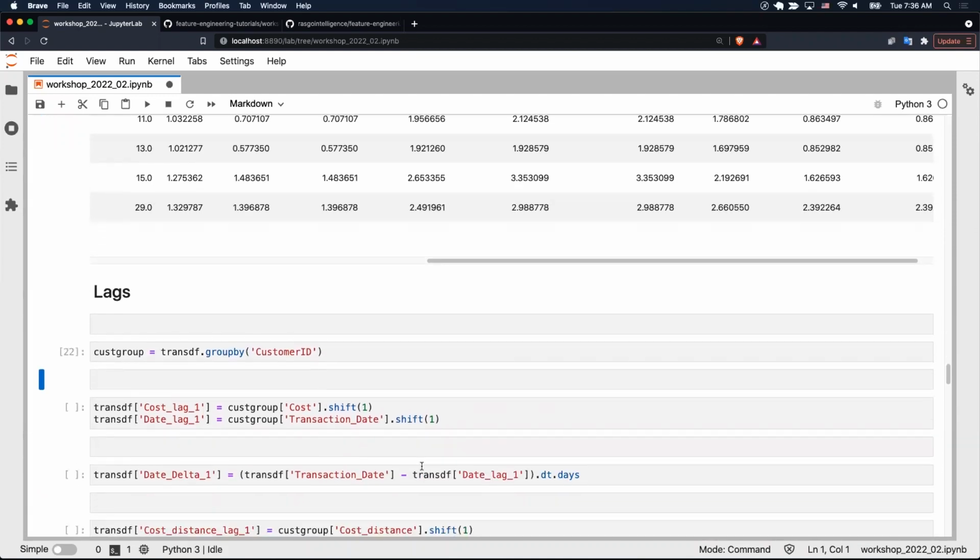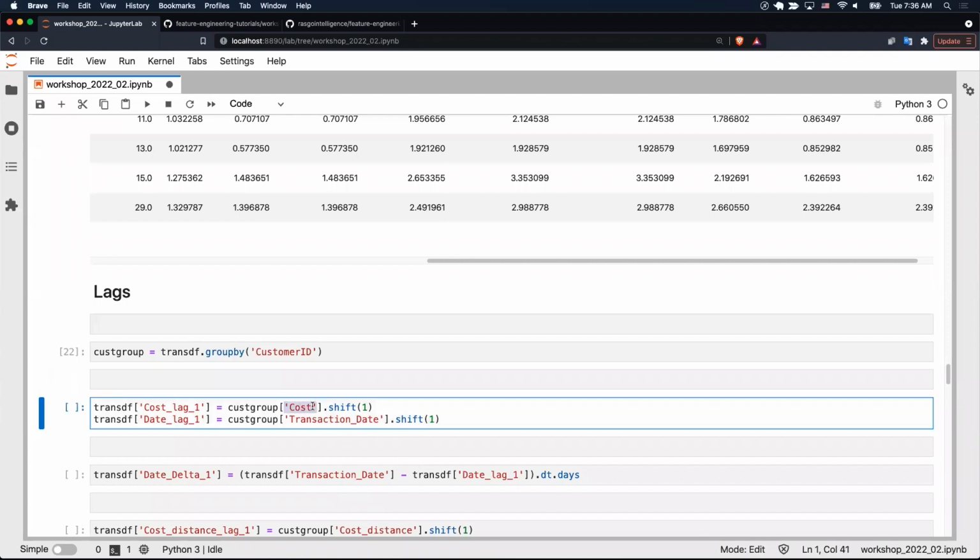And then I'd like to go grab what this customer looked like in the prior transaction. So I have the current transaction, all of those features we just created. And I'd like to look at how much the customer purchased in the prior transaction, and when that purchase occurred. So what is the date of that prior transaction? We can grab that lift, or that lag, through the use of shift. I'm going to shift one, so I'm going to grab the prior version.